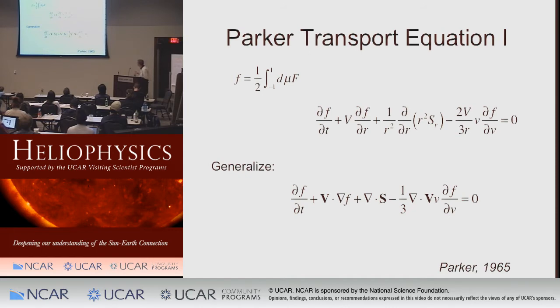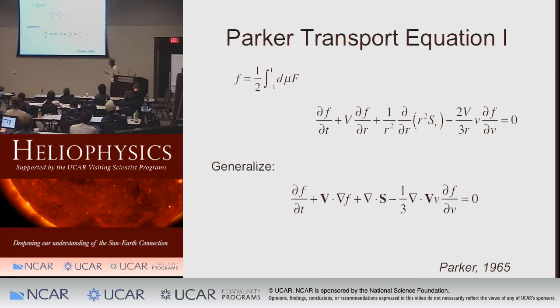Now, once we've got the focus transport equation, we can say, well, let's assume the scattering is very efficient. So this d mu mu term is really large, so you're scattering particles like mad. And then let's assume the distribution in the focus transport equation is nearly isotropic.